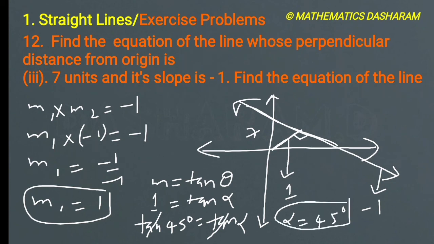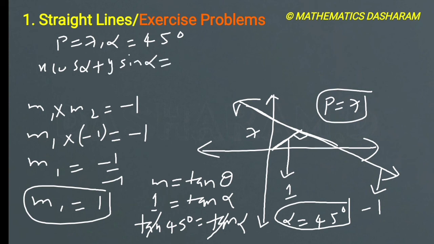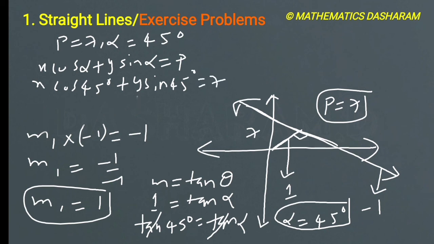Next, he gave the 7, the p value. P equals 7. So finally we got p value 7, alpha value 45 degrees. Then the normal form is x into cos alpha plus y into sin alpha equals p. So x into cos 45 degrees plus y into sin 45 degrees, and p value is 7.